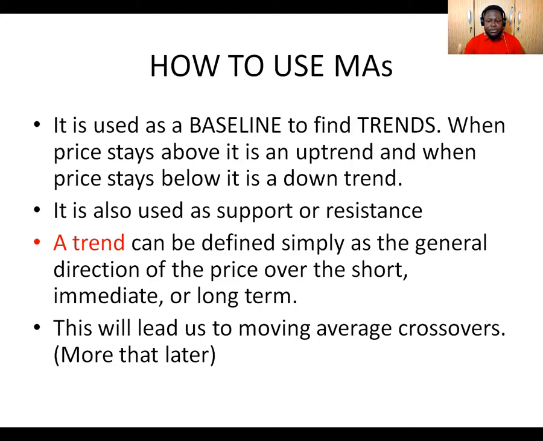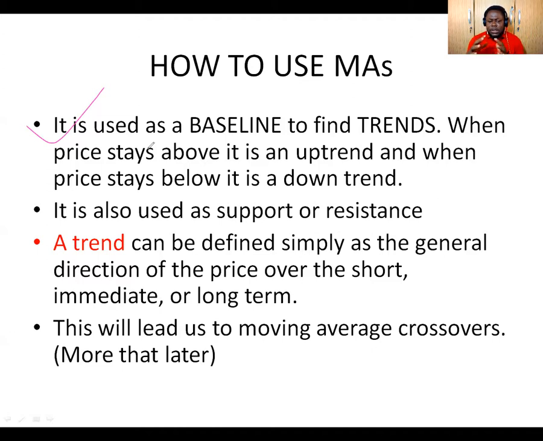And if they say trend, we need to understand what the trend is, because that's what the first point here is saying. The very first point here says that moving averages are used as baseline to determine trends. So if that is the case, we need to know what a trend is. A trend can be defined as a general direction of the price over the short or immediate or long term.